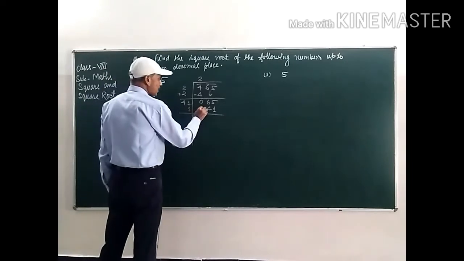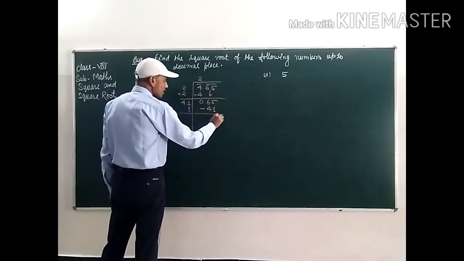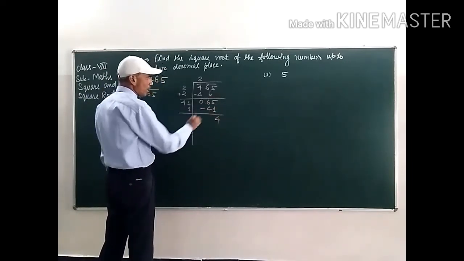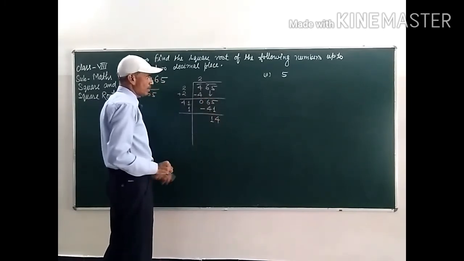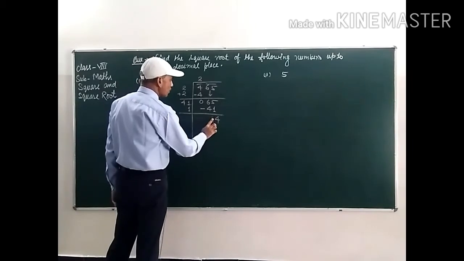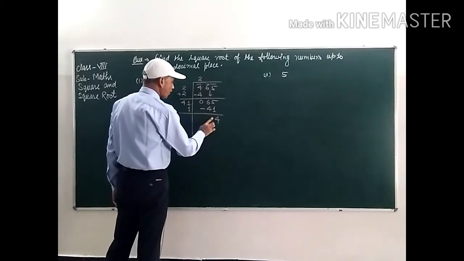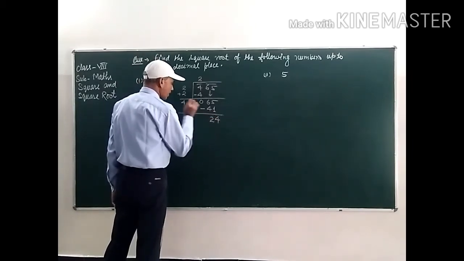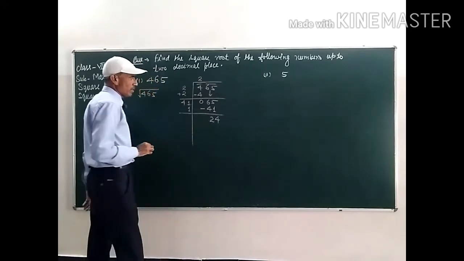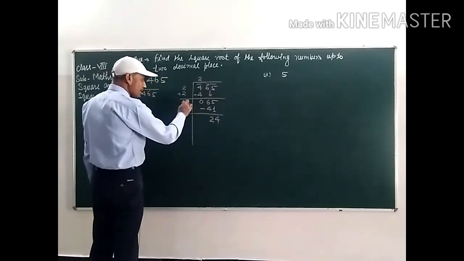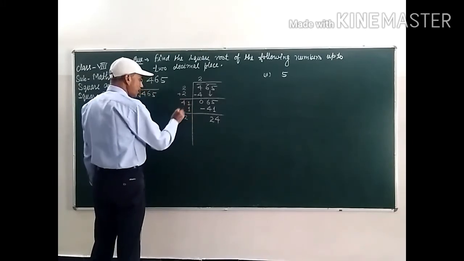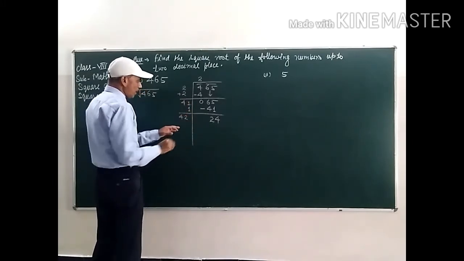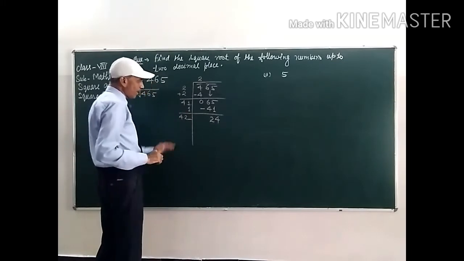So subtract this number, that is 4, and from this one 1, sorry 2, the number is 24 here, and add this number 1 1 is 2 and take this and make a blank, write to it.